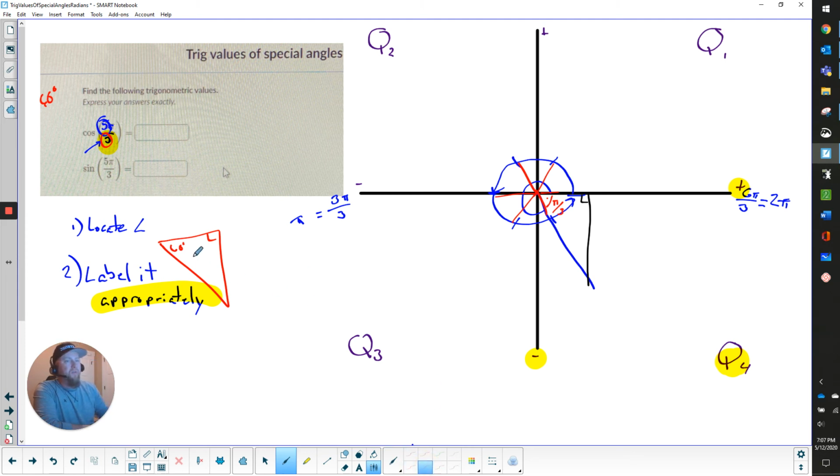So a 60-degree special right triangle is going to be across from the large leg, which is root 3. In quad 4, down, so we got a negative root 3. And the short leg, so if that's 60 right here, then 30 is down here. That means I've got a side of 1. Now, that's going to be positive because that's to the right, which is my positive value here.